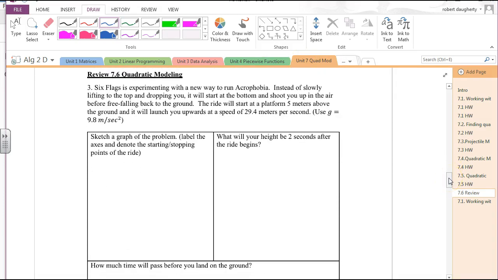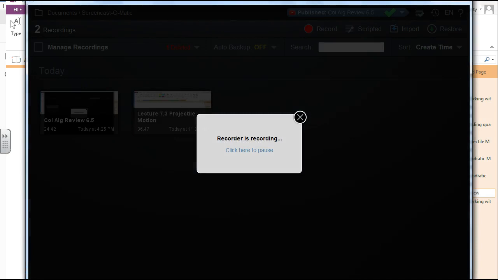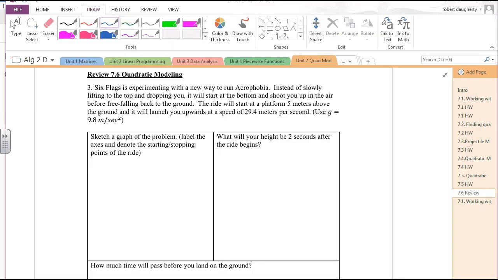So let's look at another quadratic modeling. Six Flags is experimenting with a way to do acrophobia. Instead of slowly lifting to the top and dropping you, now they're going to start at the bottom and shoot you up in the air before you free fall back to the ground. The ride will start with a platform of 5 meters, and it will launch you upwards at 29.4 meters per second.